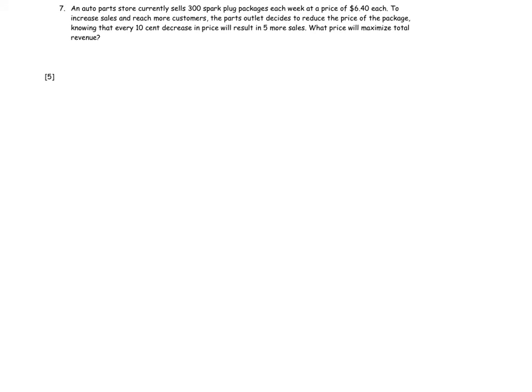The next question, we have an auto parts store which currently sells 300 spark plug packages each week at a price of $6.40. So this means that our revenue is going to be the numbers sold times the price per package.